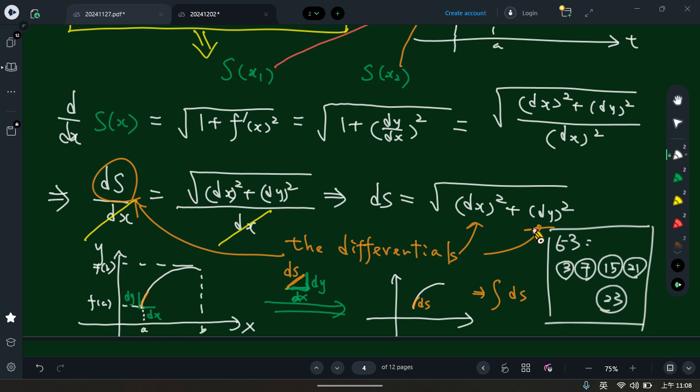And here we also talk about if you cannot solve the question with respect to x, why not just change your angle from x to y? Then you can also get the answer. And here we just talk about the additional variable s, and also describe the relationship between ds with dx and dy.